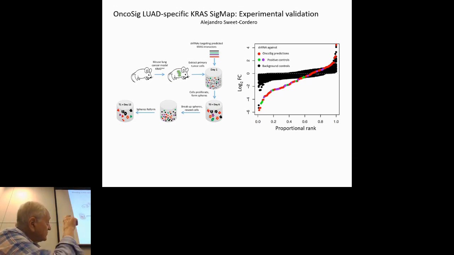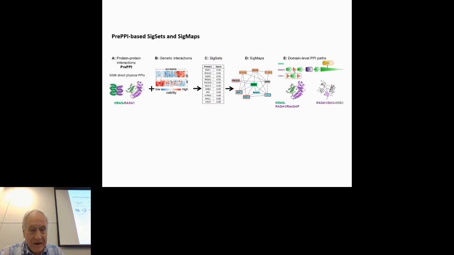So it's an average, but our predictions turned out to be right 18 out of 21 times. So those 18 out of 21 then provide a hint of what might be interacting with KRAS. It allows you to look back at pathways and start thinking intuitively about what might be going on.